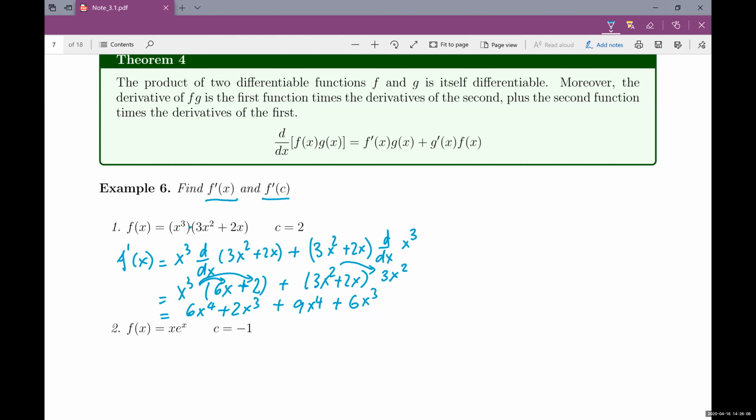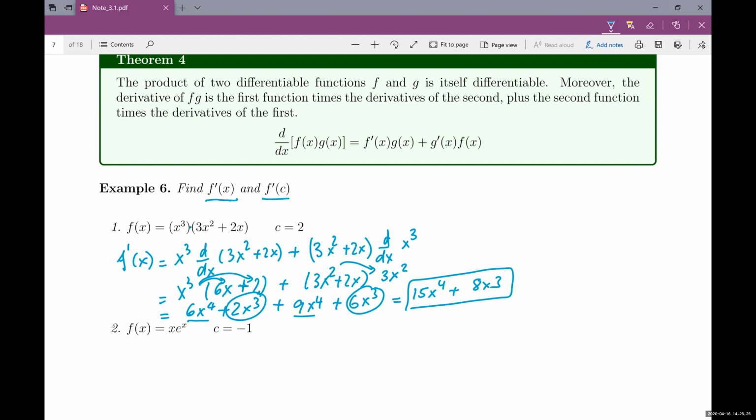And then I can combine the x to the 4th terms and the x cubed terms, which gives me 15x to the 4th plus 8x cubed, which is my f prime of x, right?